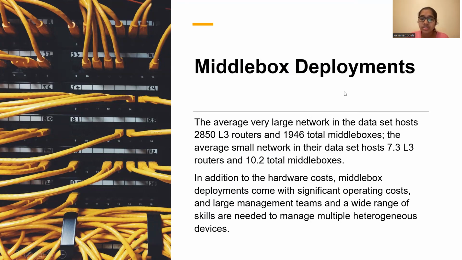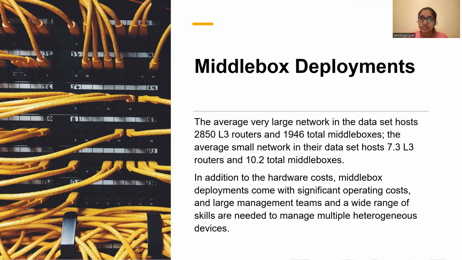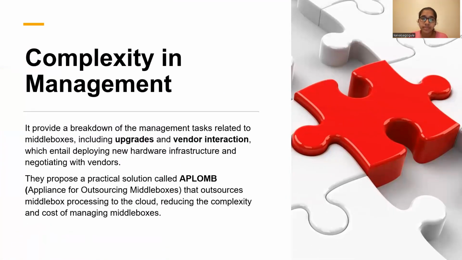In addition, hardware cost and middle box deployments come with significant operating cost and large management teams, and a wide range of skills are required to manage these multiple heterogeneous devices.